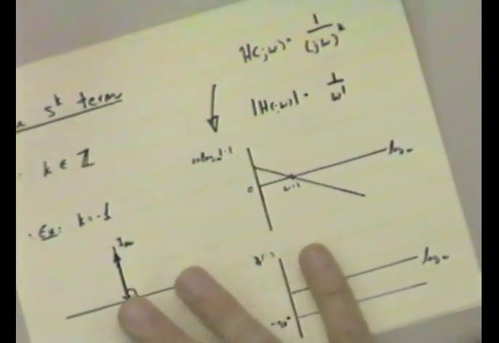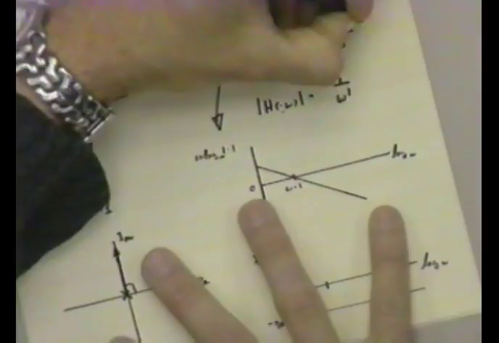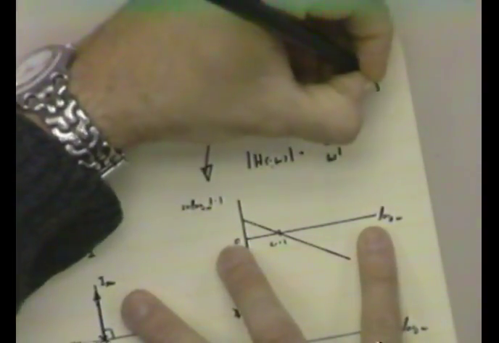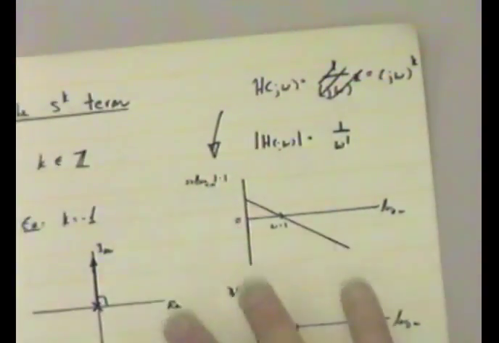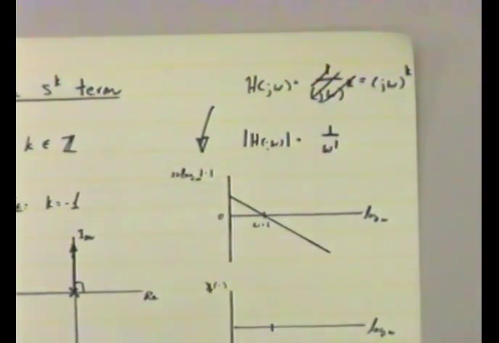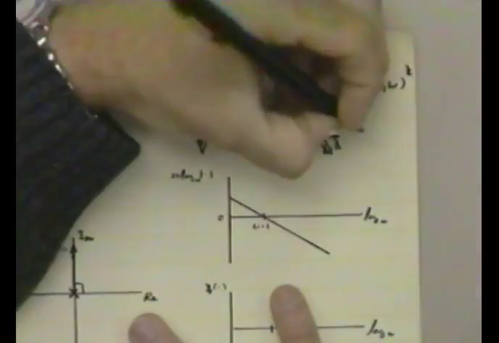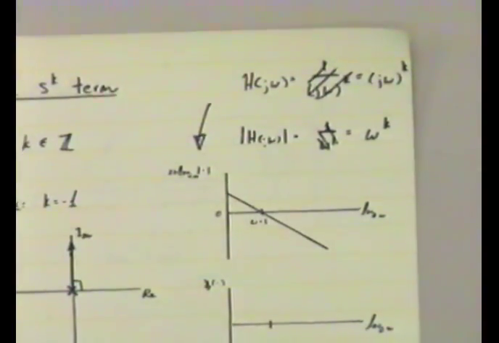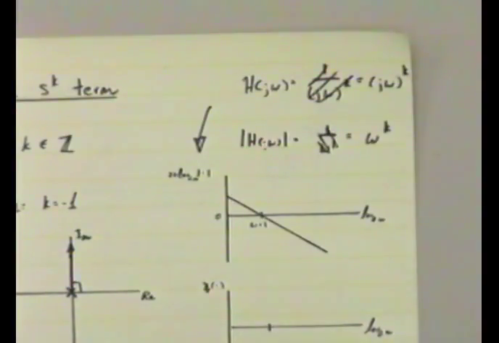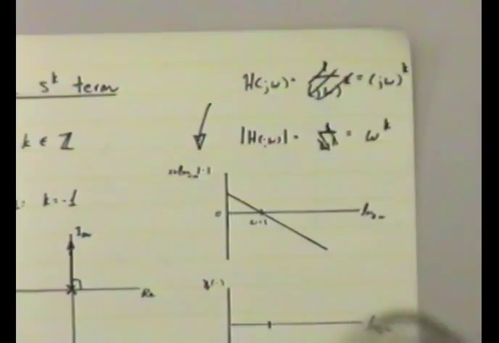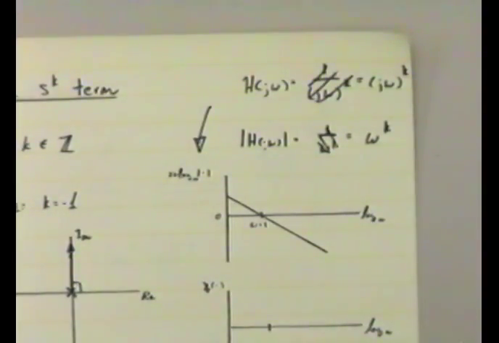To be consistent, I would have had to write (j omega) to the k. So therefore, here the modulus would be given by omega to the k. So for k equals -1, the magnitude here is given by omega to the k.